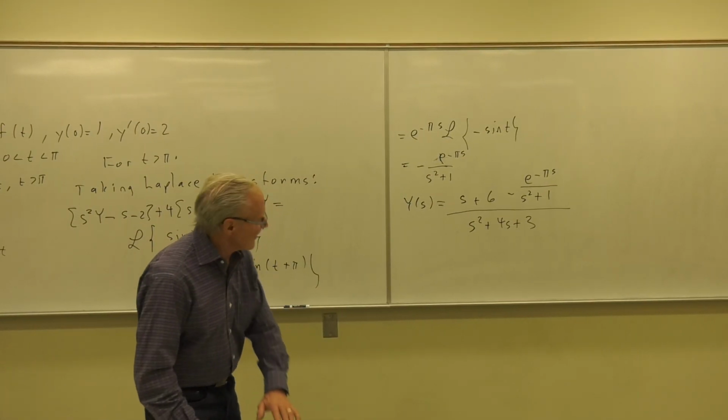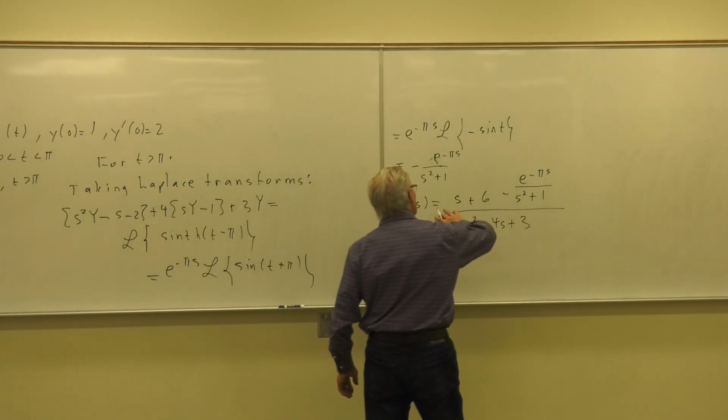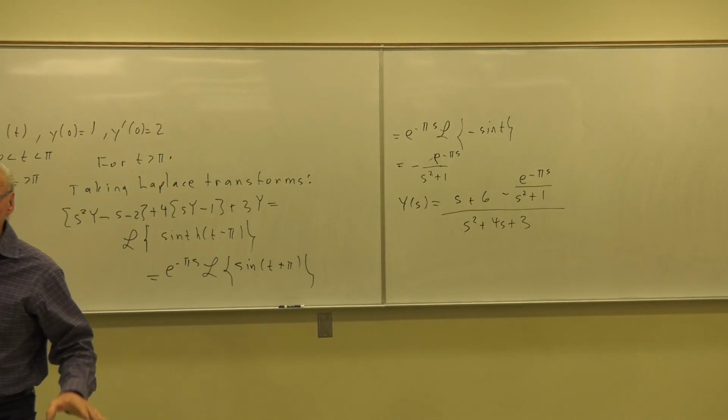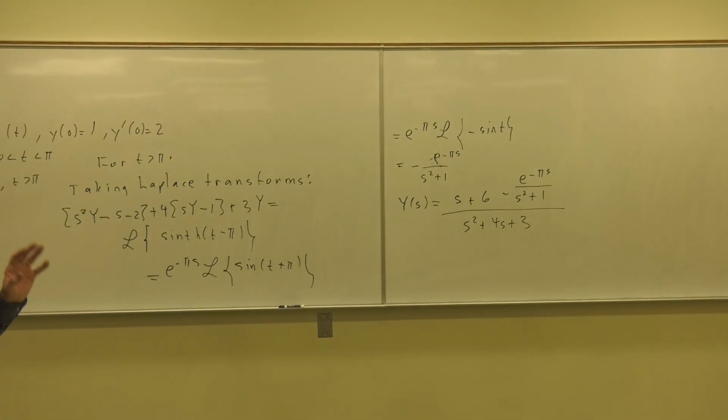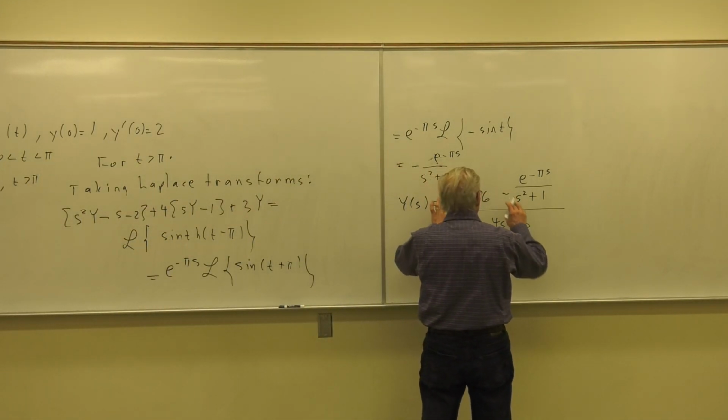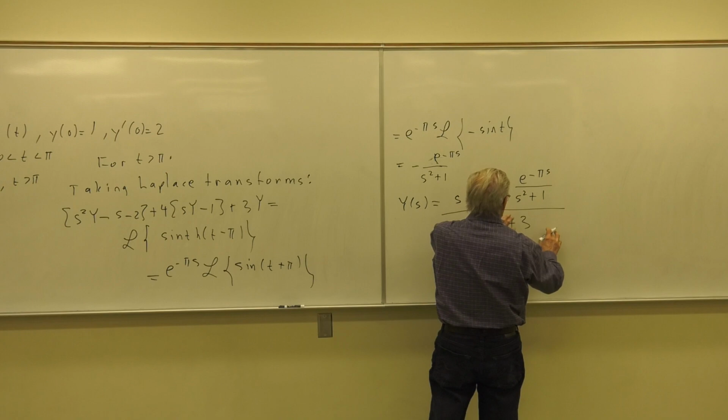Looking good. So last step is to invert this. Again, the biggest problem with Laplace transforms is the inversion process. I would suggest that we write this as this one over this one, and this one over this one.